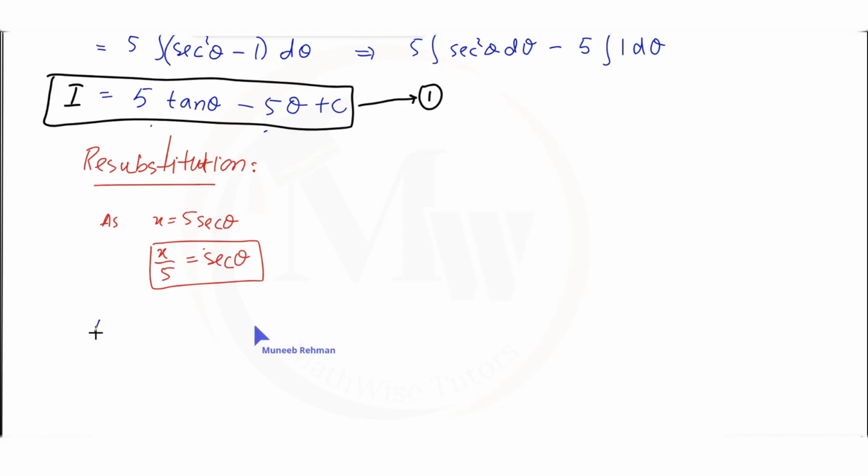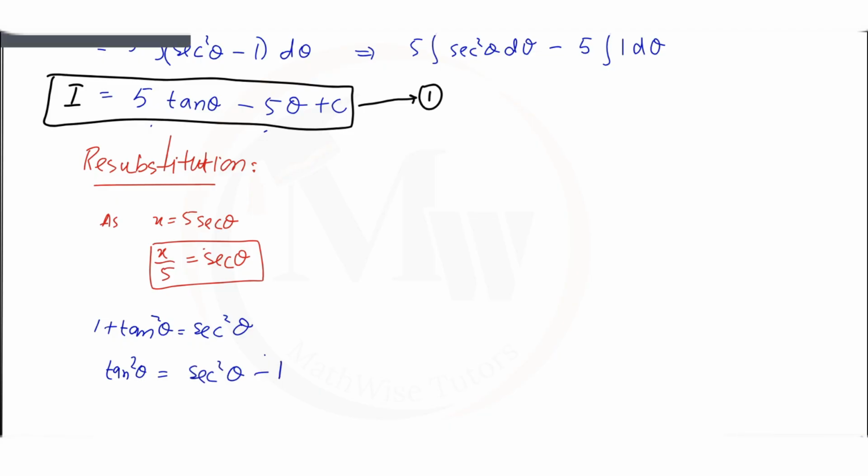As you know, 1 plus tan square theta equals secant square theta, right? Take 1 on the other side, it becomes tan square theta equals secant square theta minus 1, right?